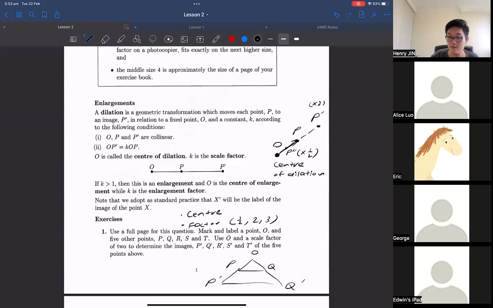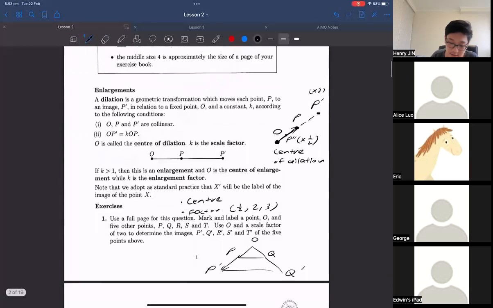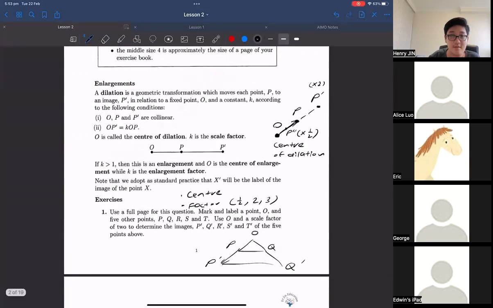It will always extend any point by the same ratio K. Okay, so that's basically the summary for this page. I'll give you 5 more seconds and then we'll move on to the other one.